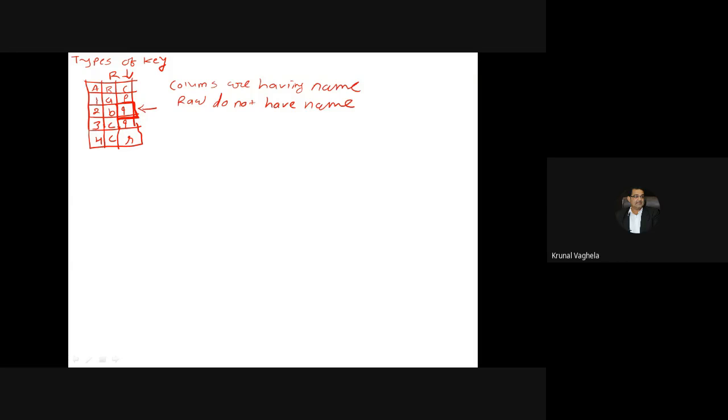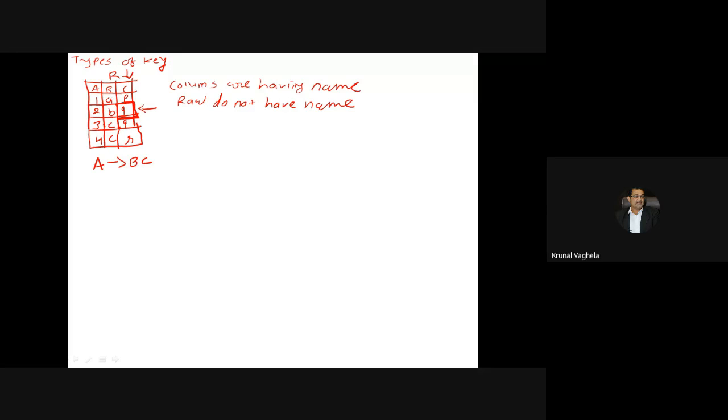If A is 1, B is AP. A is 2, BQ. A is 3, CQ. A is 4, CR. So there is a functional dependency from A to BC, because if I tell you the value of A, you can definitely find the values of B and C.